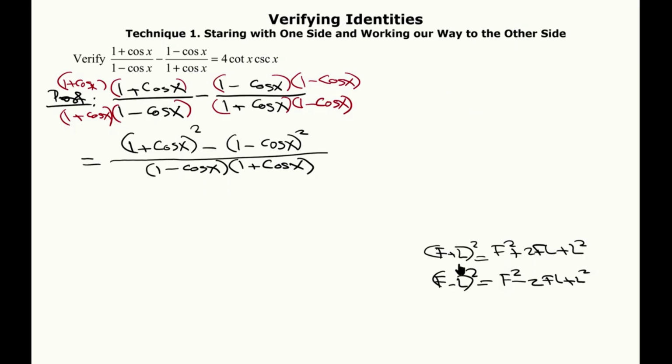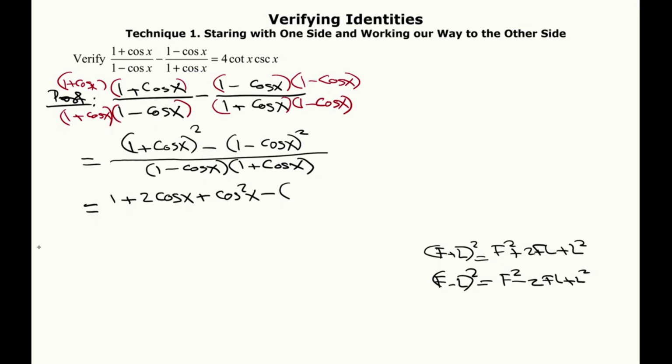So we'll apply the square of a sum formula to this one and the square of a difference formula to the second expression. So we end up with 1 plus 2 cosine x plus cosine squared x minus, and be very careful to open parentheses here, because this minus that we just wrote down needs to get distributed.